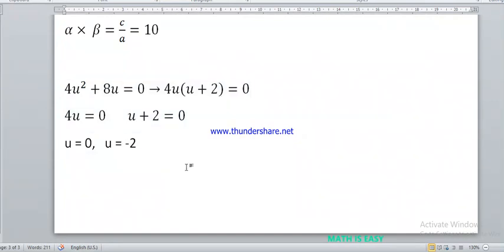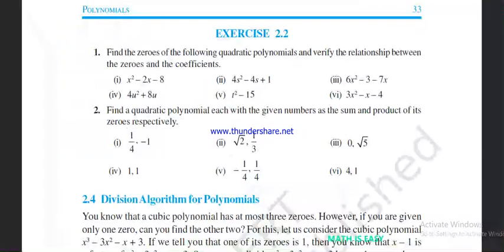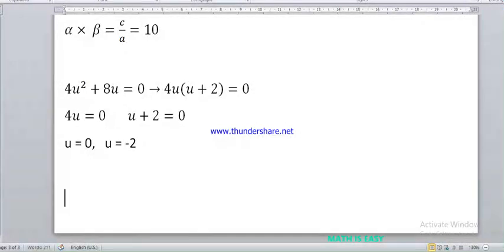And then you verify the relation between zeros and coefficients, find alpha plus beta, alpha into beta, and so on. Now this one is t square minus 15 equals 0, right?